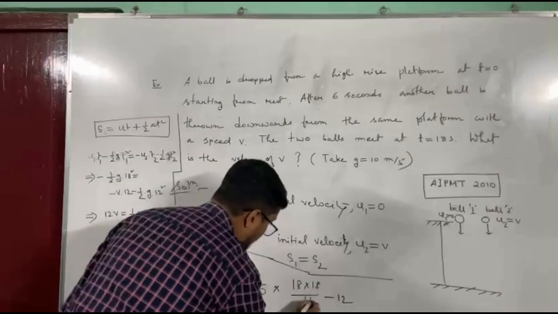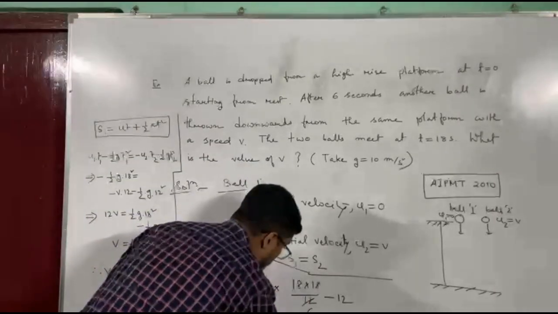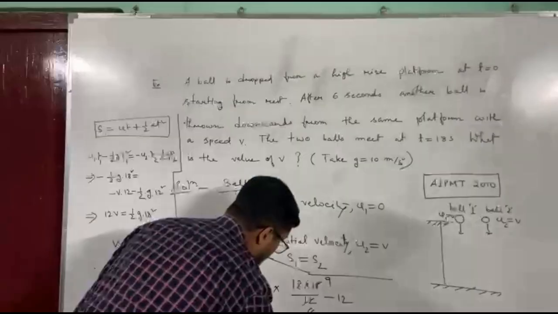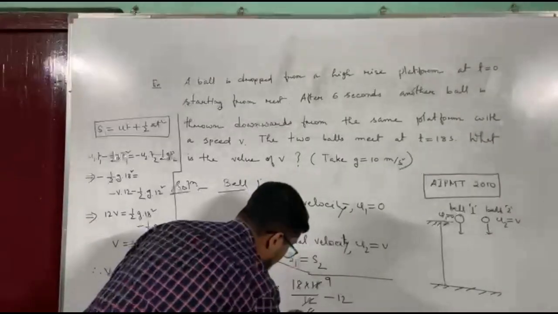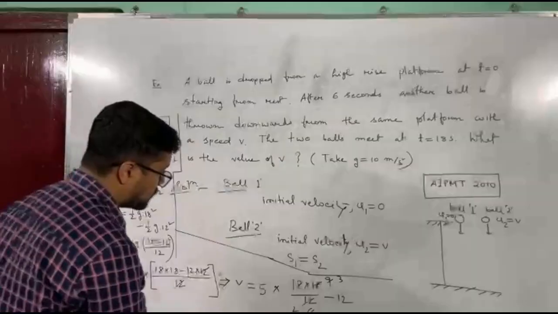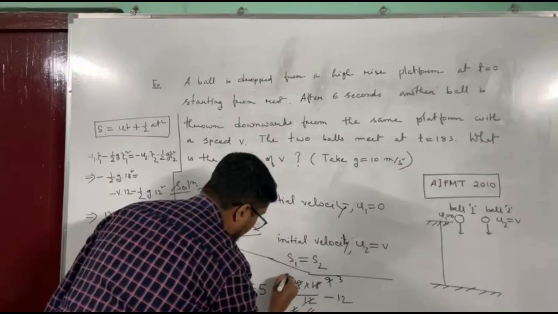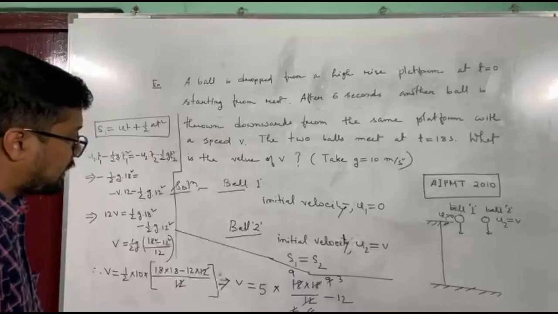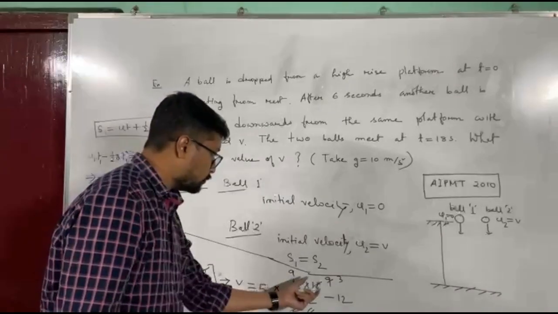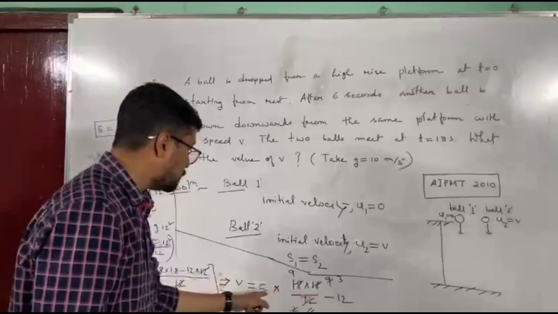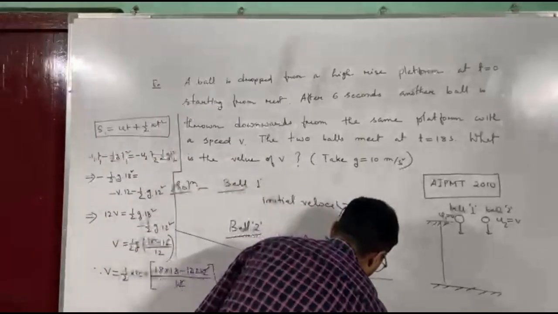If I further simplify it, I will get 2 6s are 12, 2 9s are 18, 3 2s are 6, 3 times, then 2 9s are 18, so I will get 27 minus 12, which is 15. 15 into 5 will become 75.